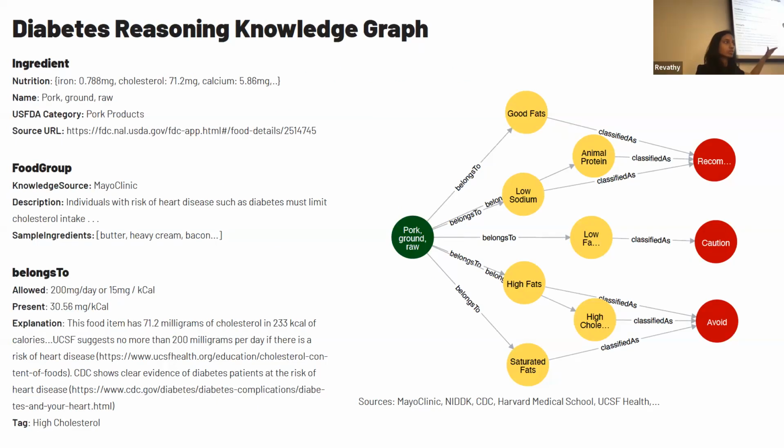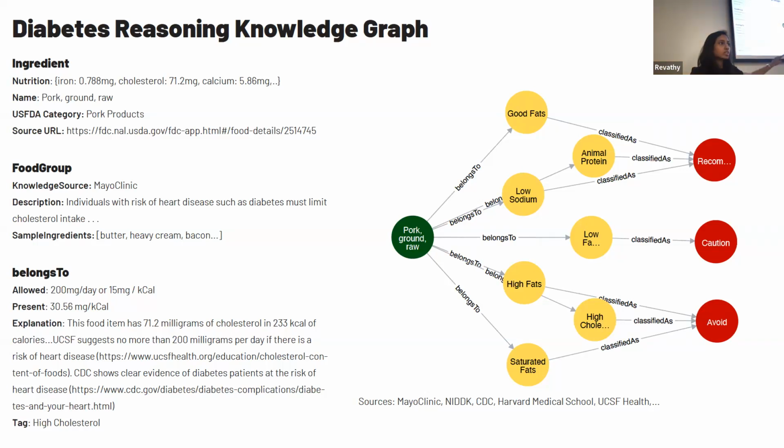where we have an ingredient from the US FDA, pork ground raw, which is mapped to several food groups from diabetes: good fat, animal protein, low sodium, and so on. We also have the eventual mapping of whether it is supposed to be recommended, avoided, or had with caution. The graph might look simple here, but each of the nodes and relationships holds rich information.